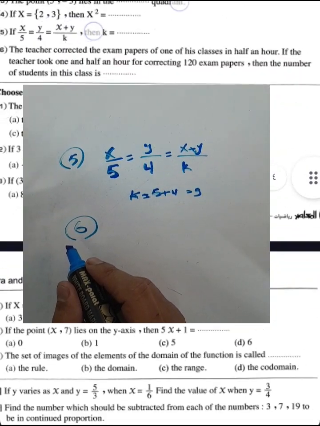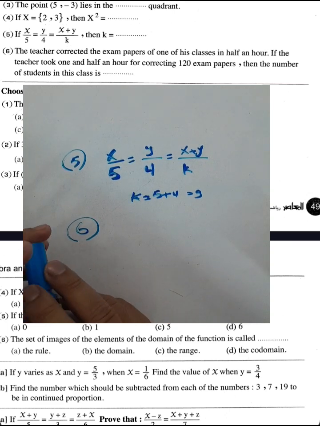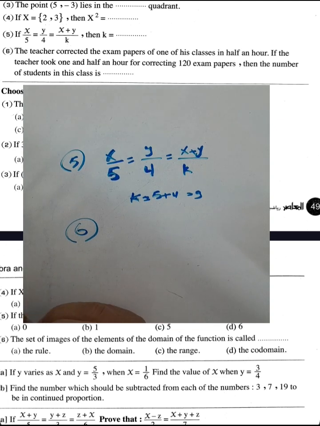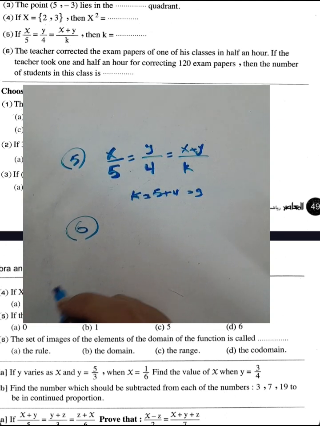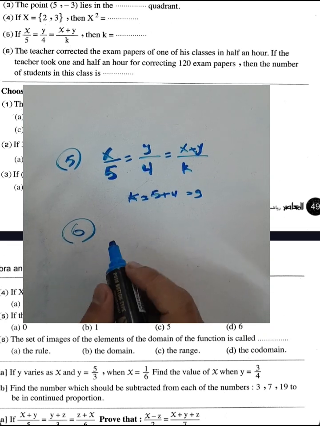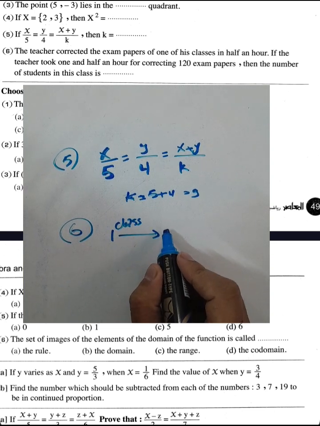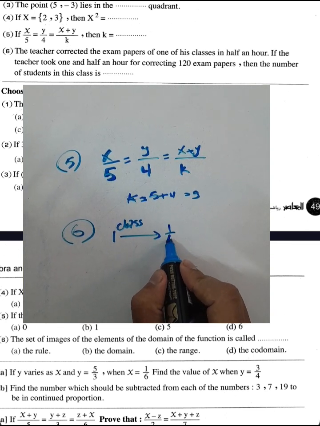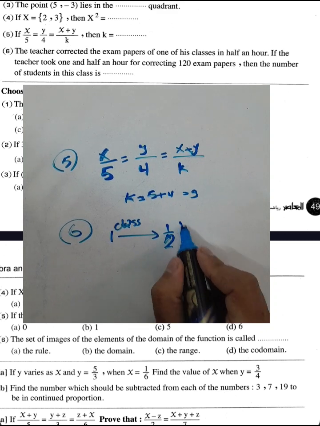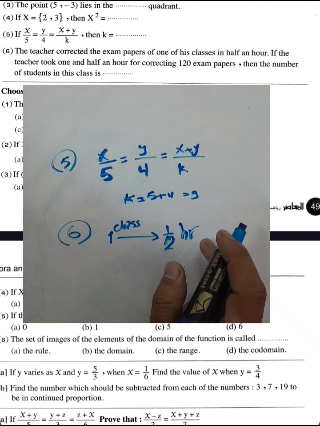Question number 6. The teacher corrected the exam papers of one of his classes in half an hour. Okay, that's the information: he corrects one class in half an hour.